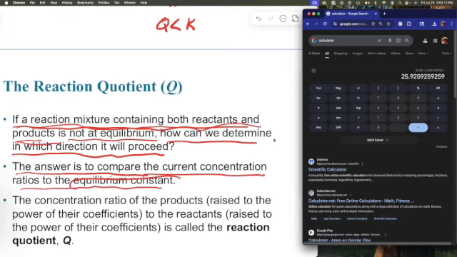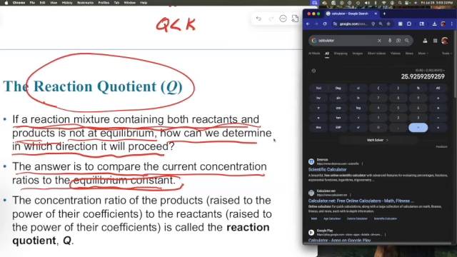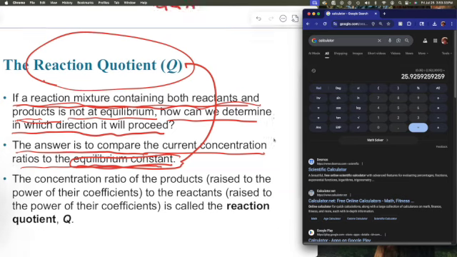The equilibrium constant, once again, is a number that tells you you have arrived at equilibrium. If we can somehow get a number called the reaction quotient that has the same formula as the equilibrium constant and compare that number to this number, then we can make an objective judgment as to whether our reaction is at equilibrium or not.